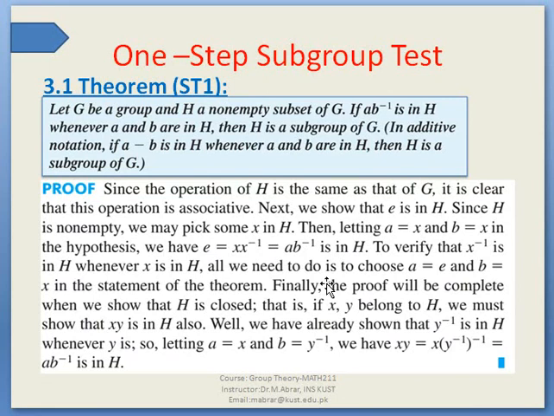So the inverse of every element is there, and finally we prove closure, that H is closed under this operation. We take x and y from H. Because we have proved that y⁻¹ is also in H, we let a be x and b be y⁻¹, and the inverse of y⁻¹ is the element y itself, so xy is nothing but ab⁻¹. So H is closed under the operation.